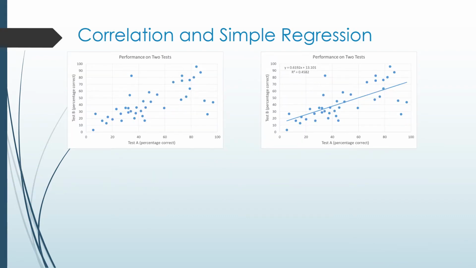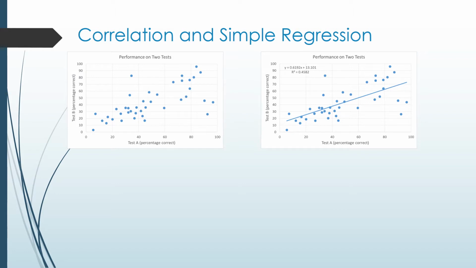As was mentioned in class, correlation and simple regression are very similar type analyses, and so I just want to compare them side by side and use a graphical representation of each. On the left here you can see what typically we would use to express the relationship between two variables in a correlation. You can see a scatter plot.